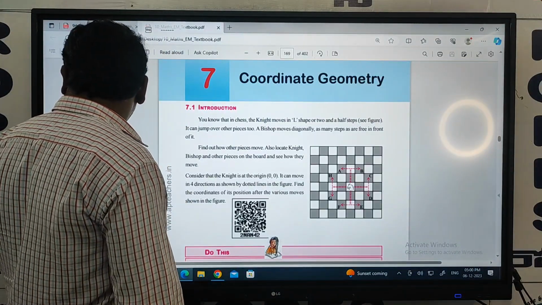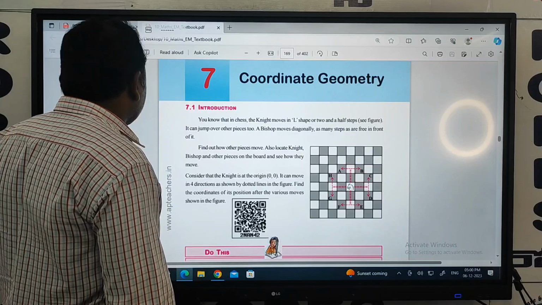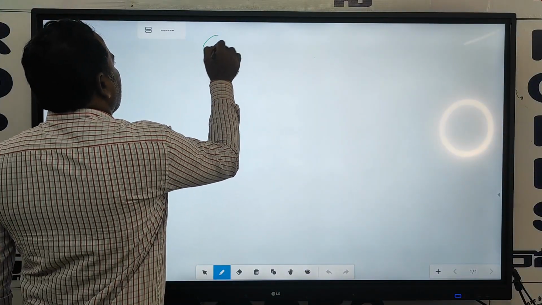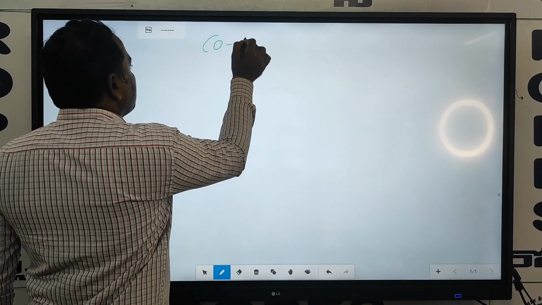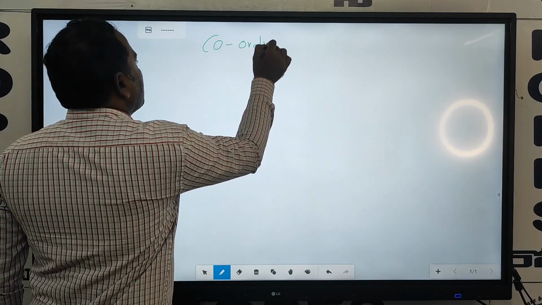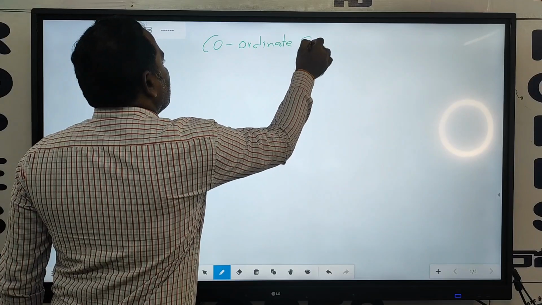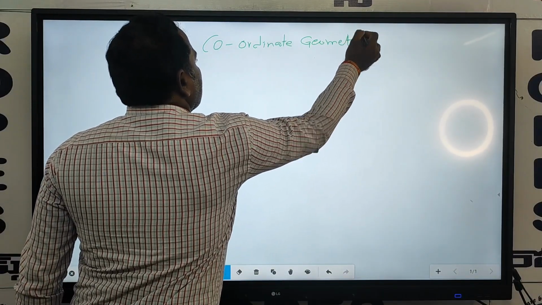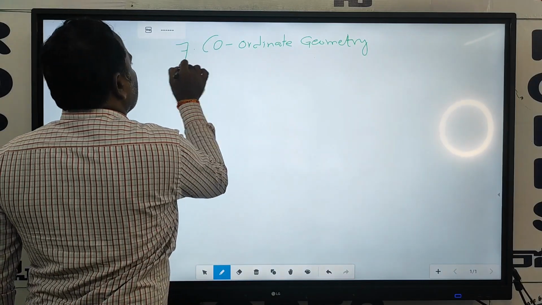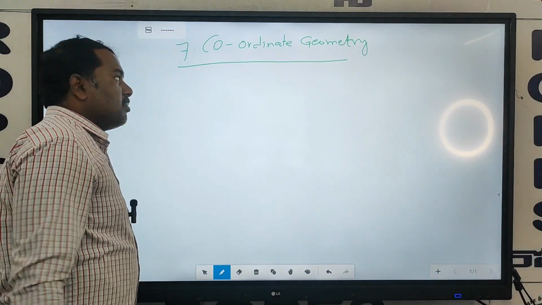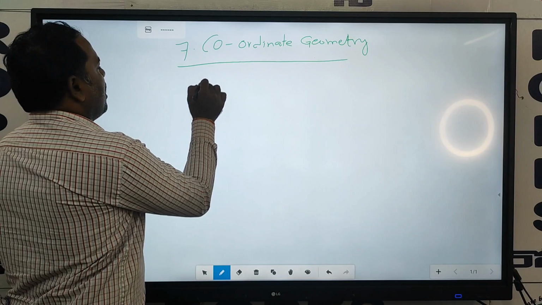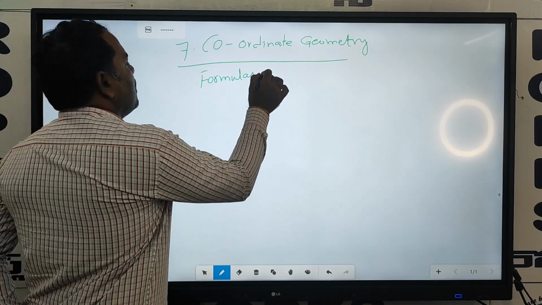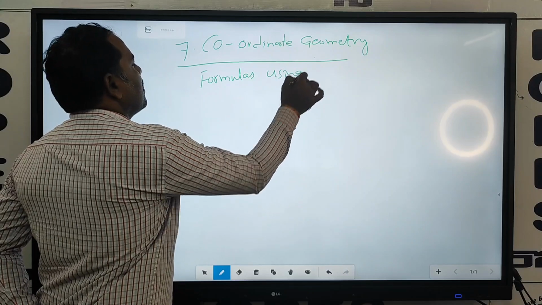See first, coordinate geometry, seventh chapter. In this coordinate geometry, see the formulas we are using.